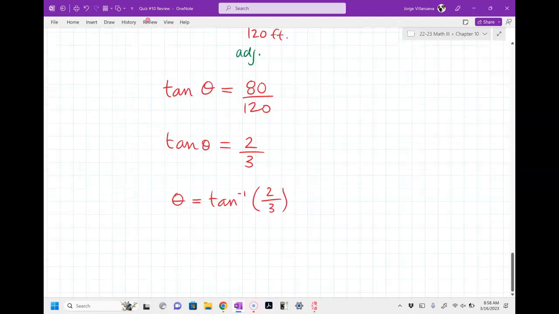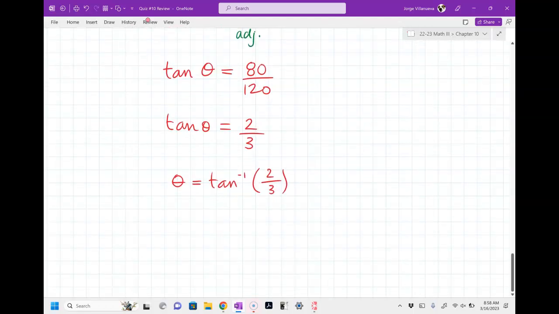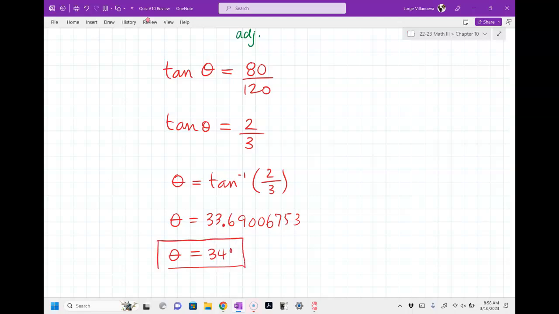Yeah, I did. Okay. I forgot if I put that. So I get 33.69006753. That's what I get. They want me to round it to the nearest degree. So what is that? 34. Yeah, 34 degrees. And there we go.